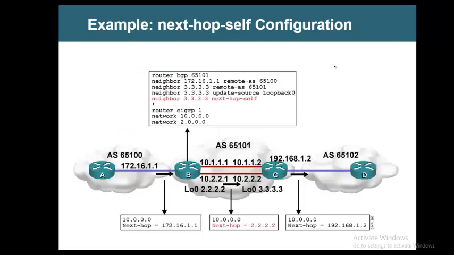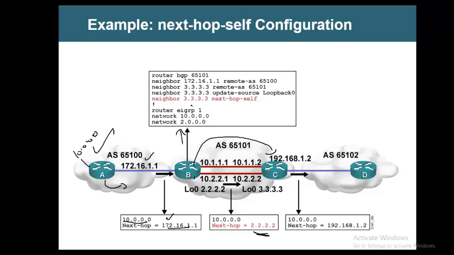So here is the story. You see, when router A's network is advertised, router A is advertising a network called 10.10.0.0. When it advertises, it puts its own address as the next hop. Usually, this address will be carried to C, but here it is not carried because on router B, this is the configuration that is shown.